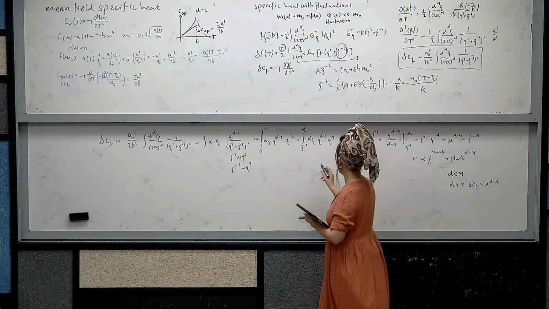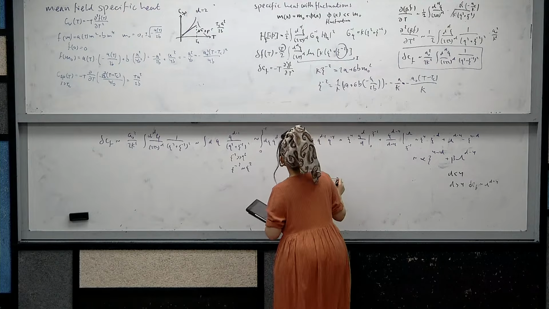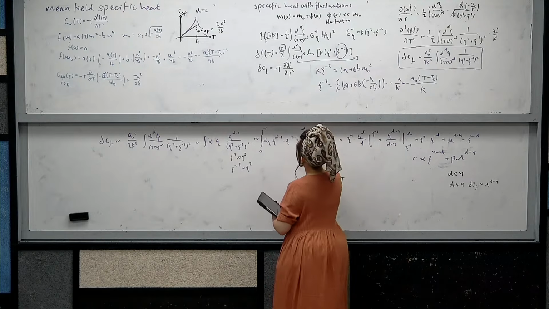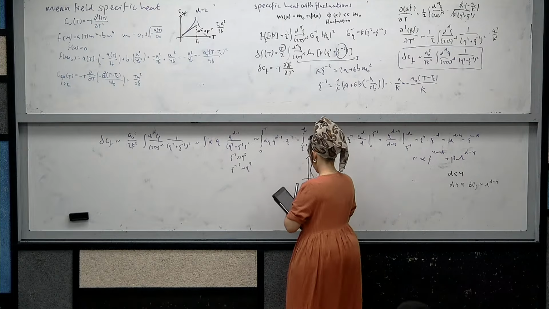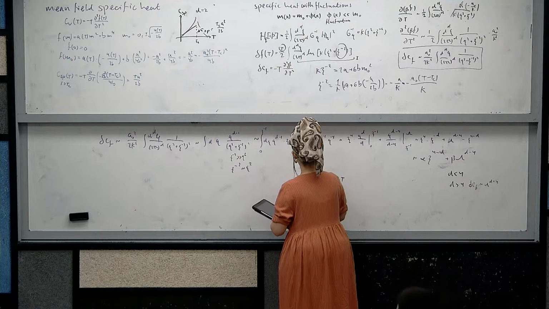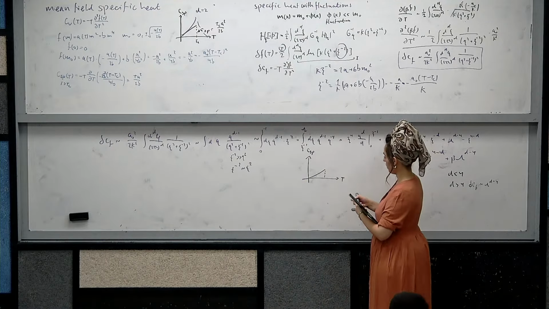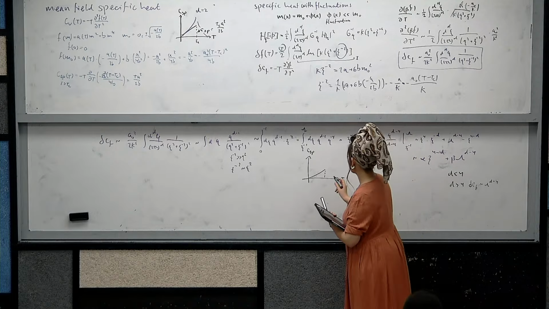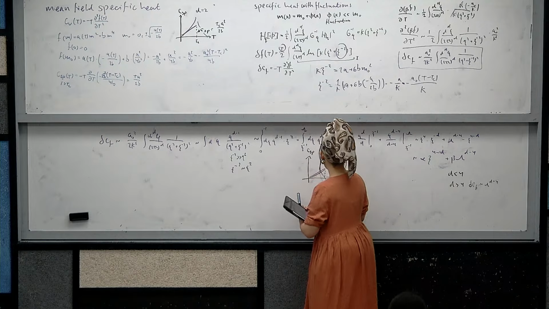If I draw again this graph of CF versus T, with CSV and CSP marked, then for d larger than 4 it would just be a constant addition.